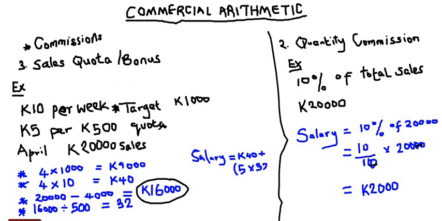Okay, because we have been paid the 5 kwacha 32 times, because we managed to get 32 quotas worth 500 kwacha. So we have 5 times 32, which is going to give us 160.